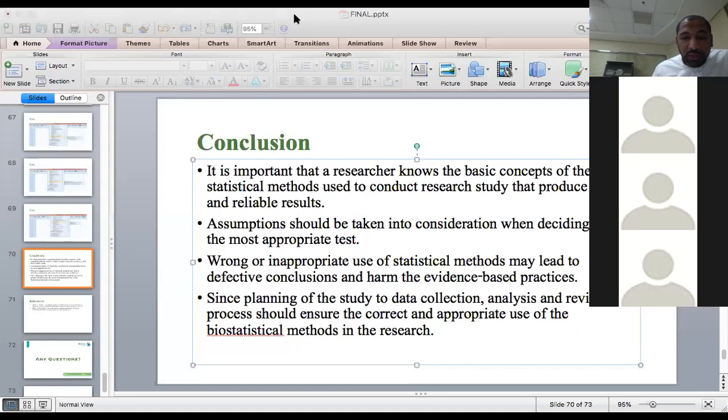In regression, both the R square and the B value, we report the confidence interval, yes, in parametric and non-parametric methods.